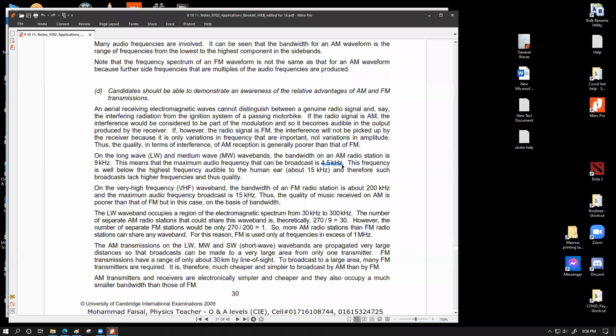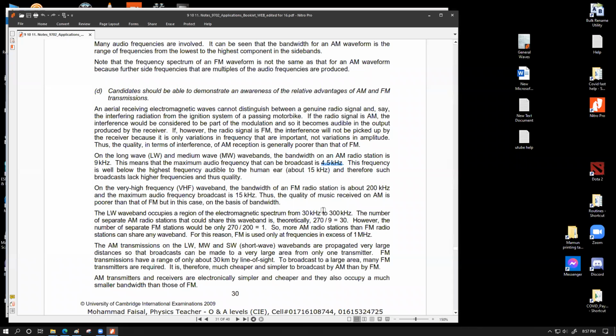So theoretically this 270 kilohertz of space, meaning physical space, no, bandwidth space, can be occupied by 30 radio stations simultaneously. Let's say you send one radio station from 30 kilohertz to 39 kilohertz. This will belong to one radio station. Another one can be sold from 39 to 48.